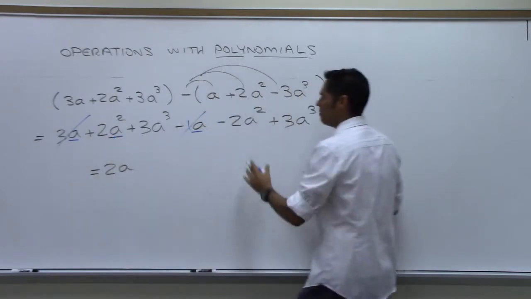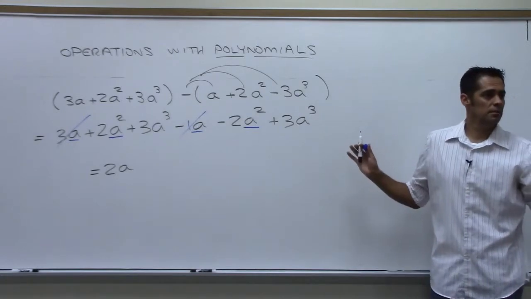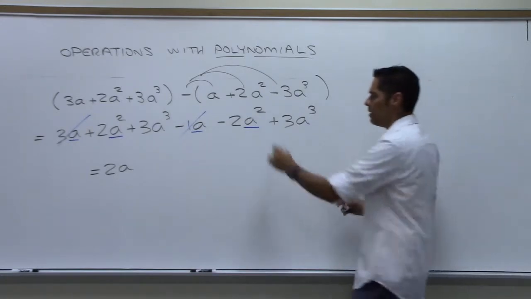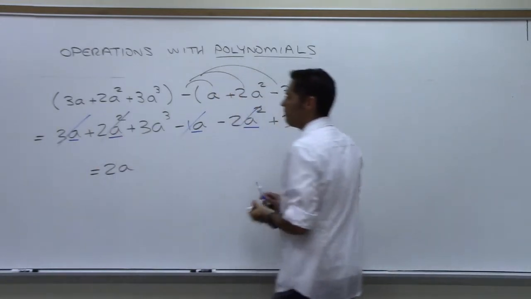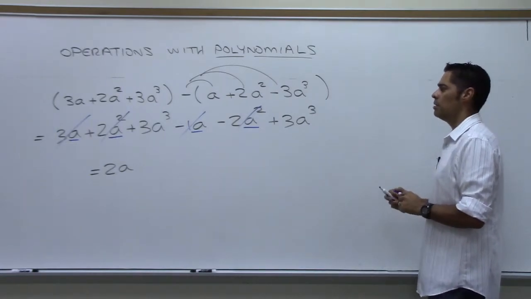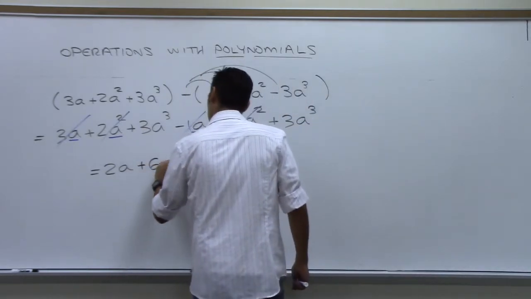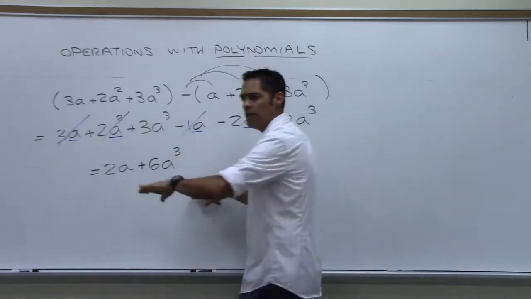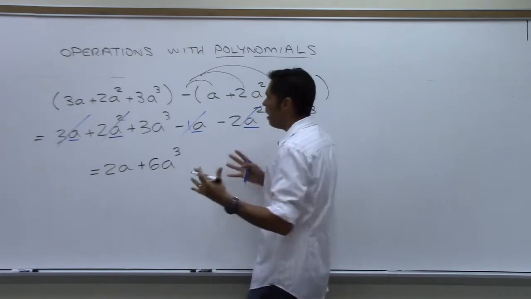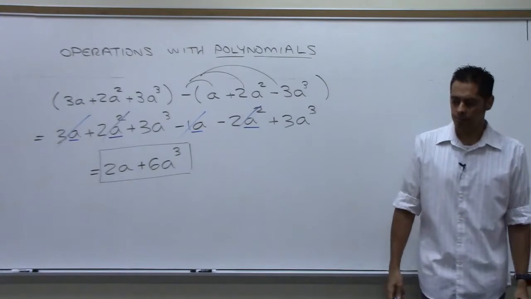Let's go after the a squareds. A squared, 2 of them, take away 2 of them, they're gone. So 0, so I don't need to write that. These are completely dead. And 3a cubed plus 3a cubed, 6a cubed. And at this point, you're done. You have combined these together, box it up, move on.